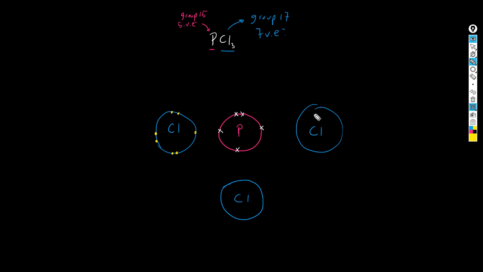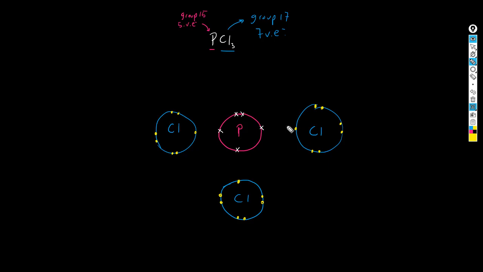We're going to have the same thing here. We have 1, 2, 3, 4, 5, 6, 7. And then finally here we have 1, 2, 3, 4, 5, 6, 7.